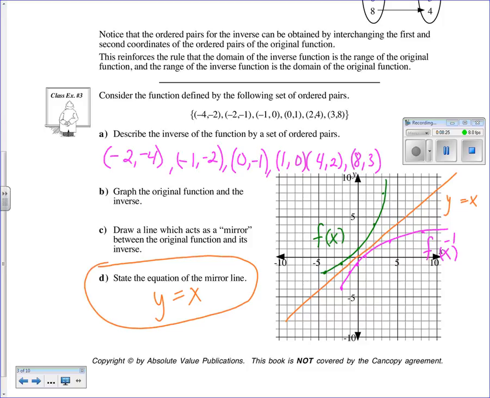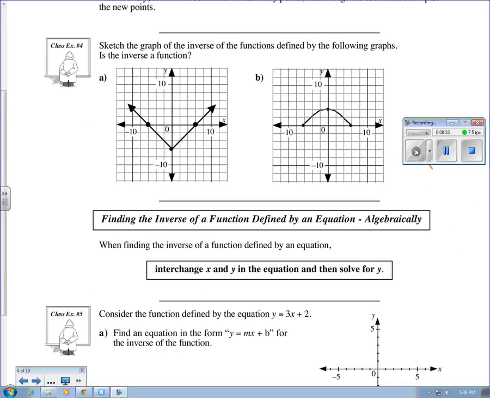I really like the table of values method. We're going to try that one more time and then take a look at the assignment. So I'm going to create the table of values from the original data on class example 4. So I've turned the page over again. I'm on page 45. And I'm going to take those circled points, create the table of values.